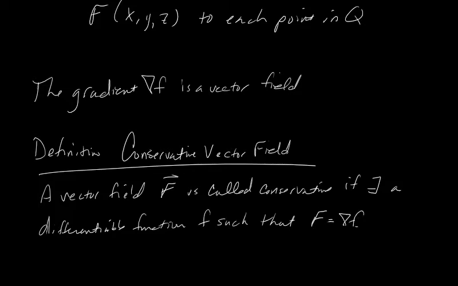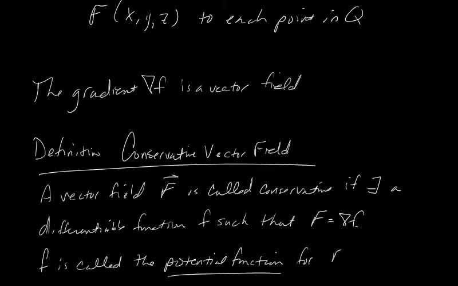That's the whole point. If our vector field is the gradient of some function, then it's a conservative vector field. Now that function f is called the potential function for the vector function F.